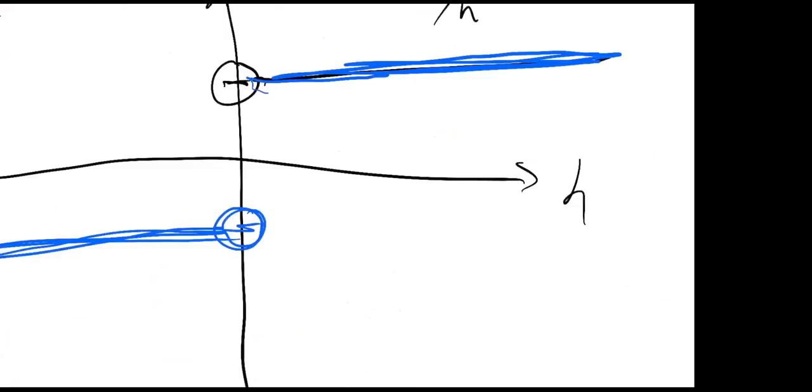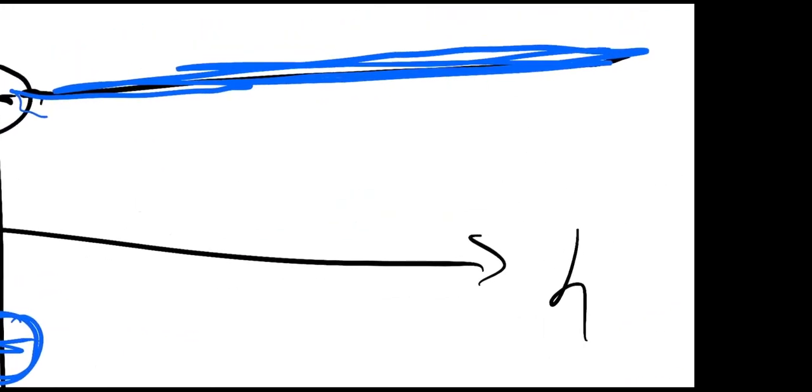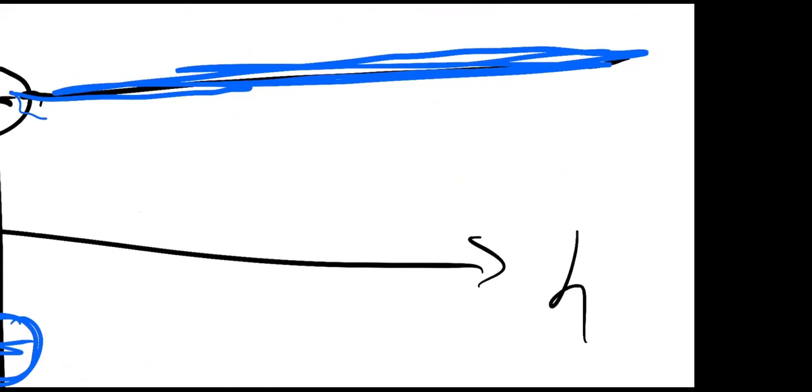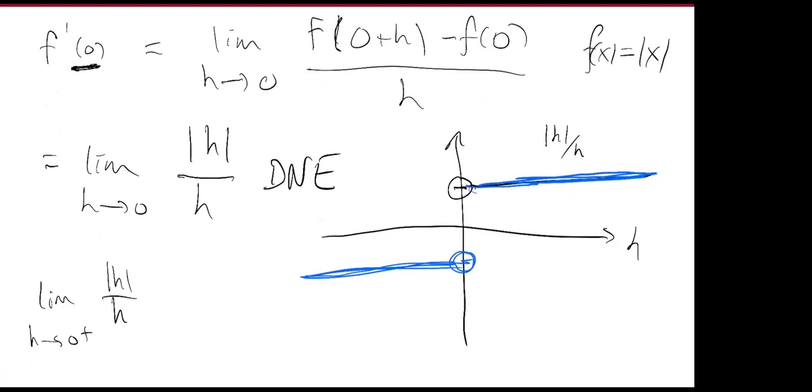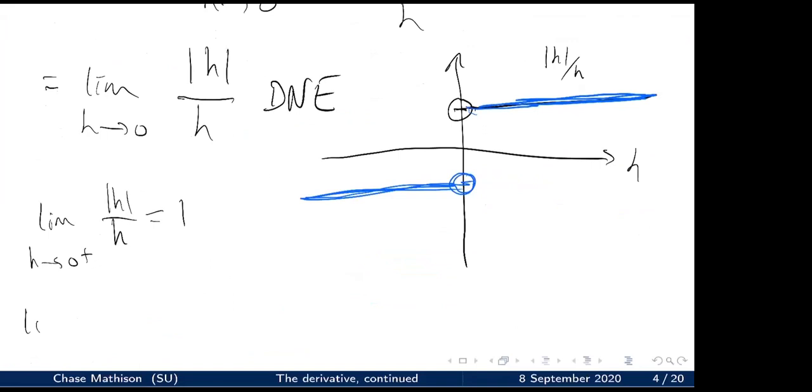Because I'm zooming in on the right half of this. That looks like it's approaching 1 as I approach 0 from the right. So that limit is 1. If I look at the limit as h approaches 0 from the left of absolute value of h over h, that limit is negative 1, right?